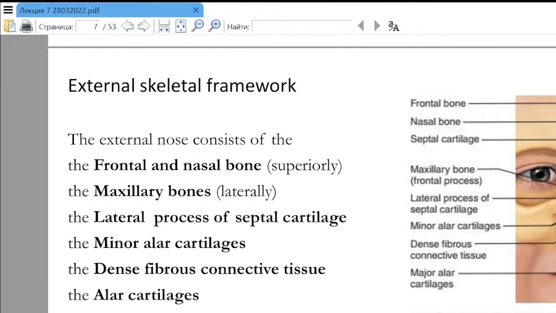This is the external nose skeleton, the external skeleton.